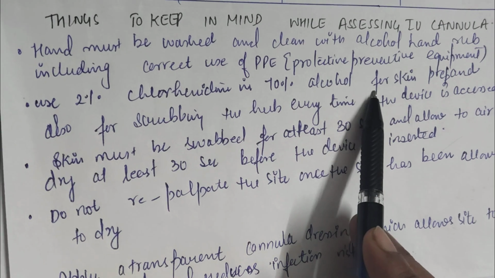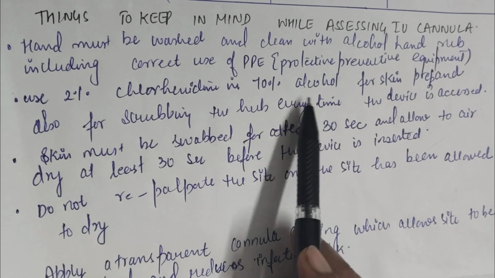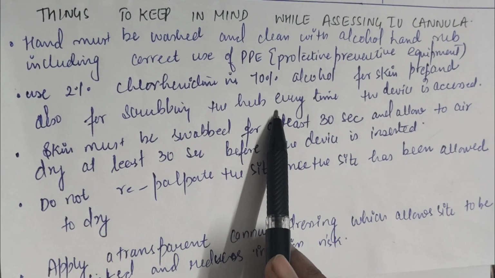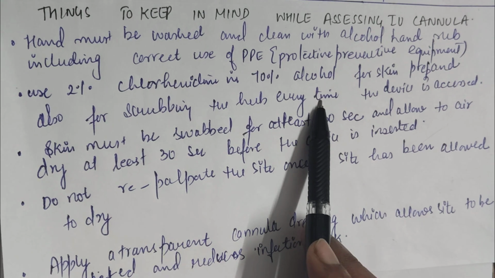First of all prepare the skin with the 2% chlorhexidine in 70% alcohol, and also always scrub the hub when we use the IV cannula. Each time we have to clean with an alcohol swab.